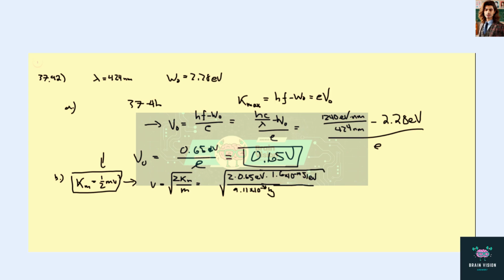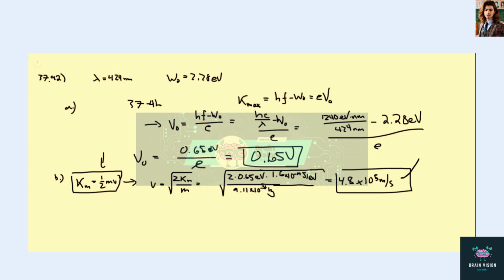Cool, so we can plug this in, and since we're in SI units, we get an answer out: 4.8 times 10 to the 5 meters per second. And this is quite a bit lower, less than 1% of the speed of light, so we can know that our classical approximation is good.